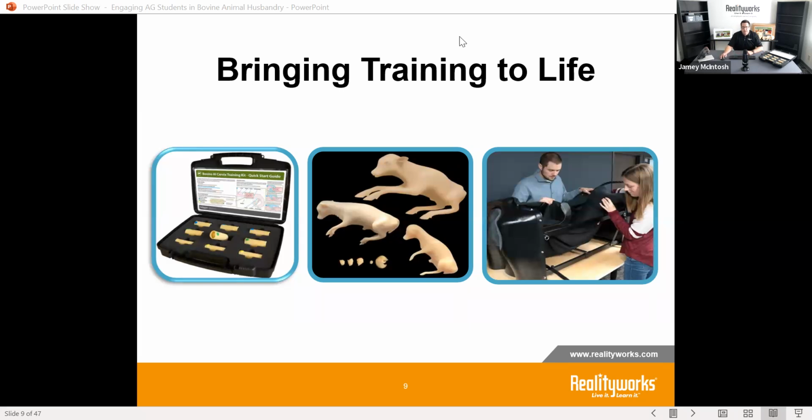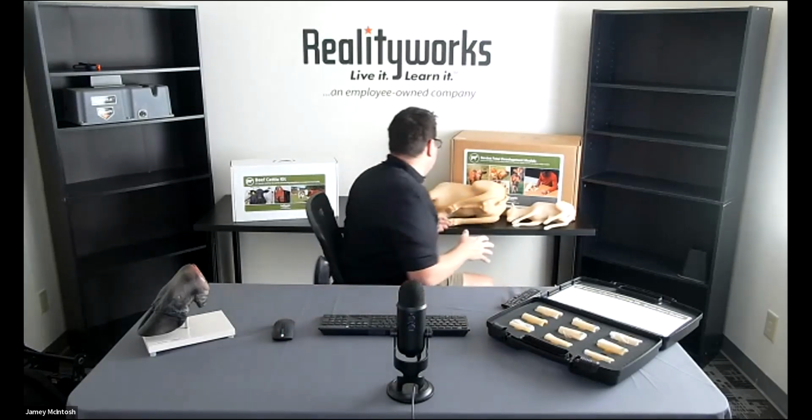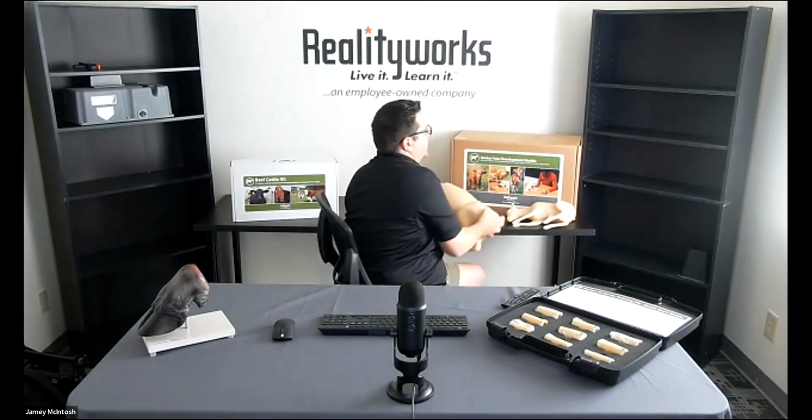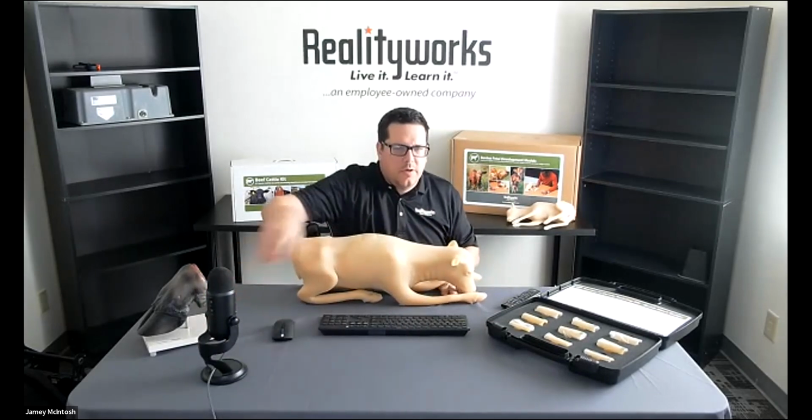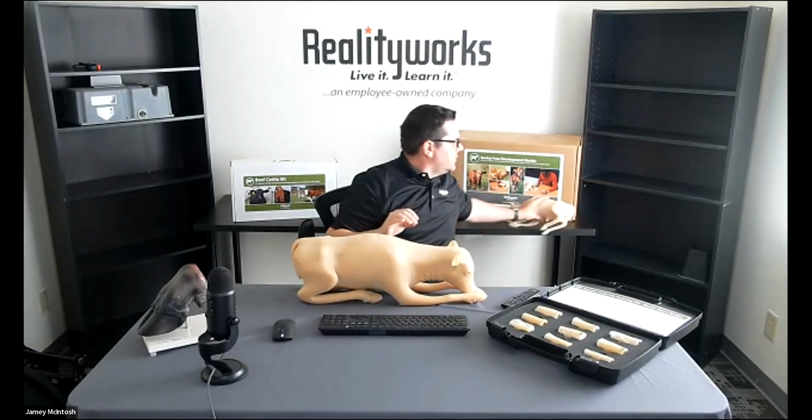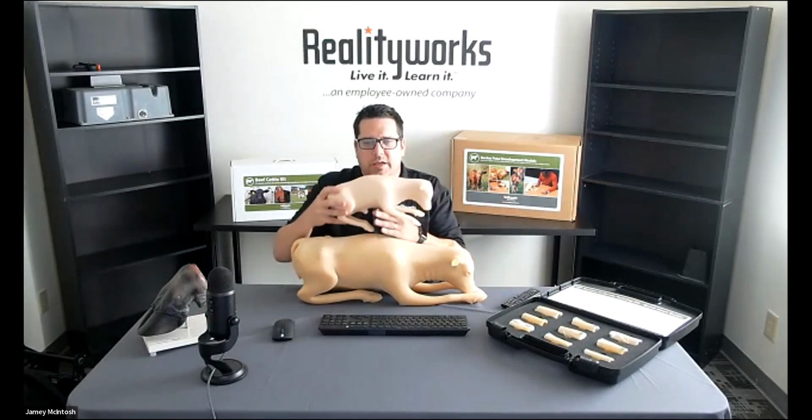And in this case here, as we show here, I'm going to give you a little bit of a view of our bovine fetal development models. So bringing this forward here, so you can see a little better. We have different fetal development models, allowing a student to be able to see the different developmental stages.